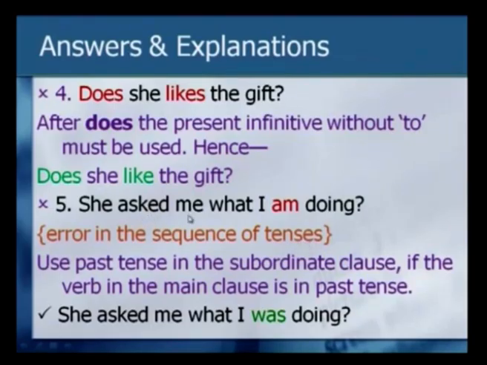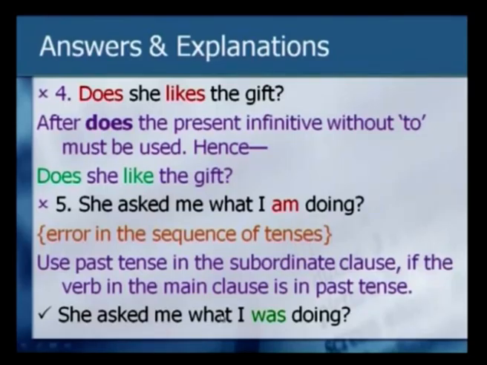The sequence of tenses refers to this: here it is past form, and then this side also it should be past form. So, the error is committed here. What should you do? Use past tense in the subordinate clause. If the verb in the main clause, she asked me, the principal clause, is in past tense, then here it should be in past form to be consistent with the main verb.